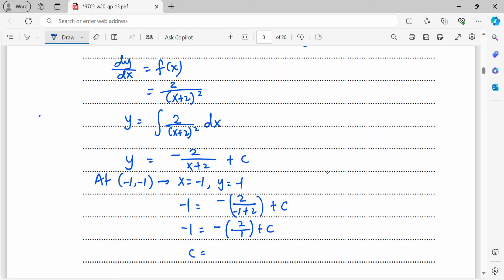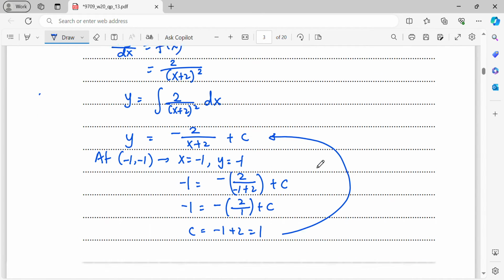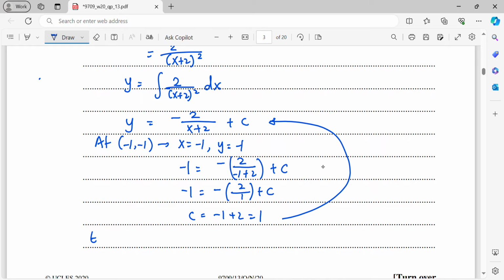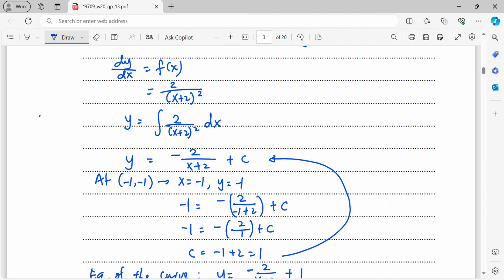Therefore my c is going to be minus 1 plus 2, that is 1. Then at last, just substitute this c into the y. That is the equation of the curve. I will get y equals minus 2 over (x plus 2), then plus 1. So that's the solution of this question.